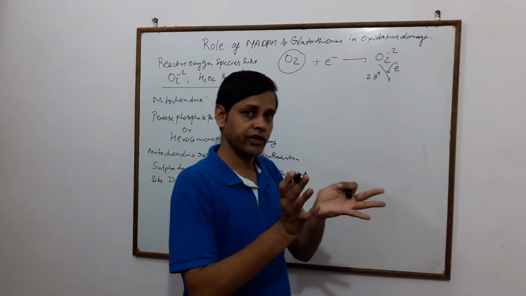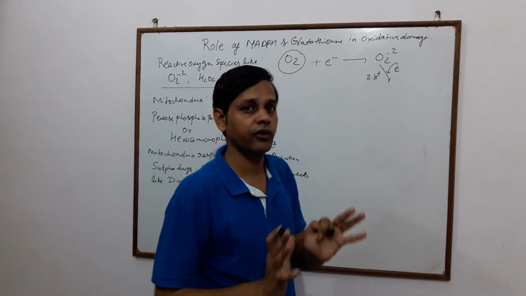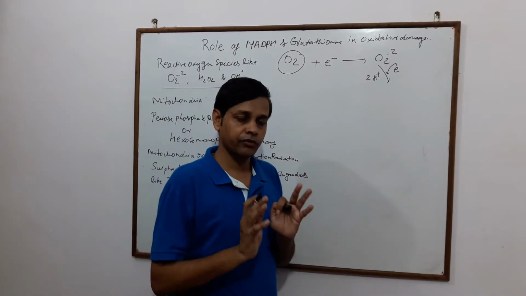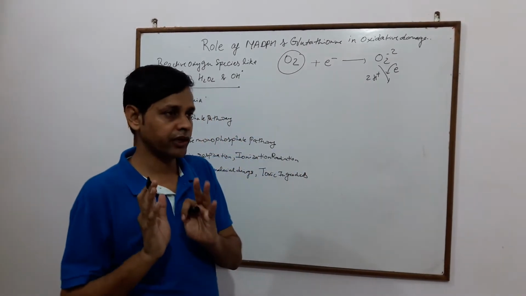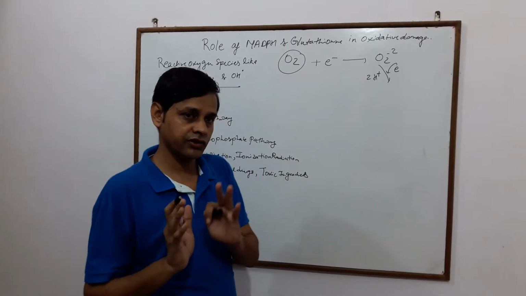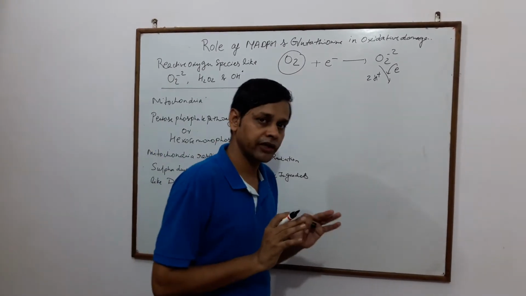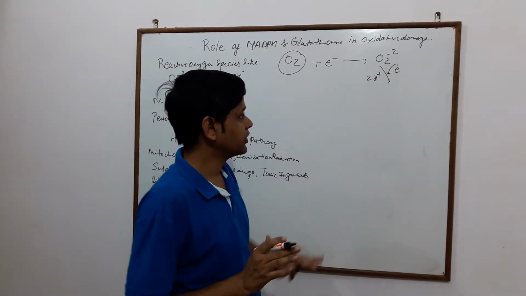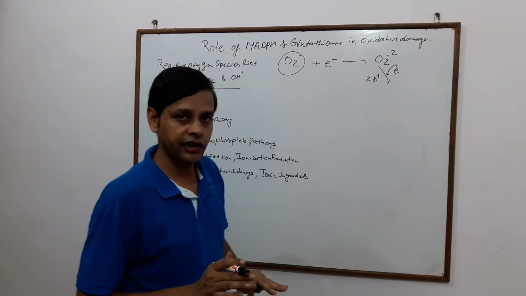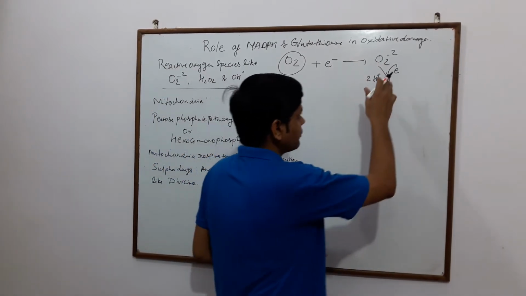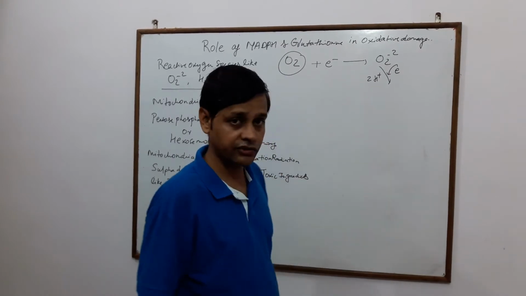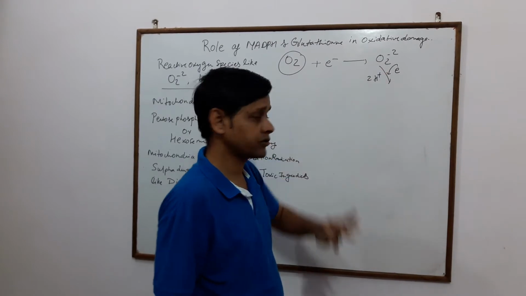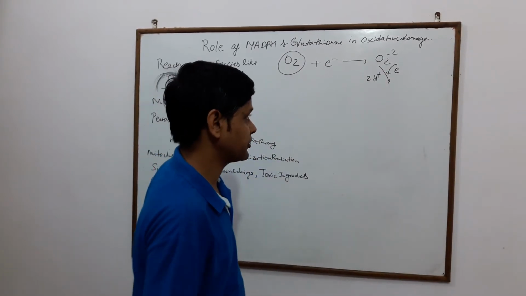There are several complexes inside the inner membrane of the mitochondria: complex 1, complex 2, complex 3 and complex 4. Between complex 1 and 2 these kinds of oxygen radicals are generated, and from complex 3 these oxygen derivatives are also generated.